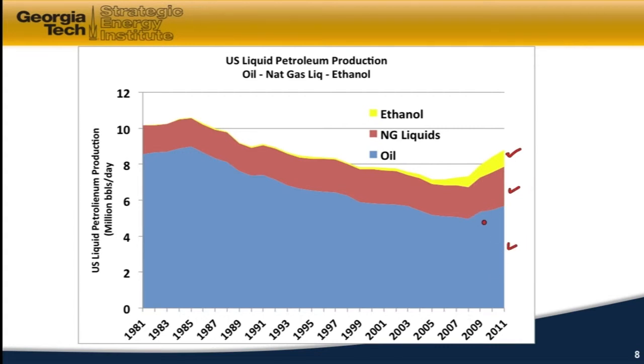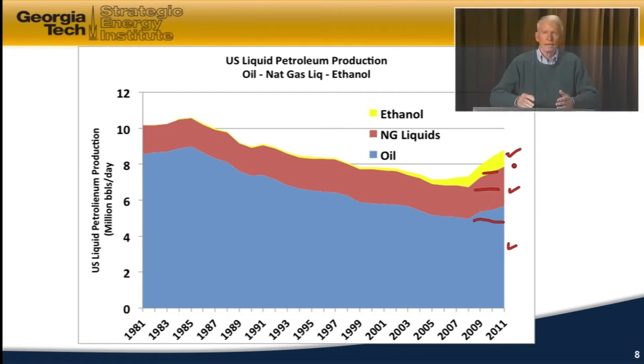And you notice, as we've seen before, our oil production has increased, our natural gas liquids has increased, and our ethanol production has increased. Now, we talked a little bit before about whether these three liquid petroleums should be added together. They really, in my mind, should only be added together if they're totally interchangeable. Well, on a near-term basis, they are not interchangeable in many ways on a one-to-one basis.